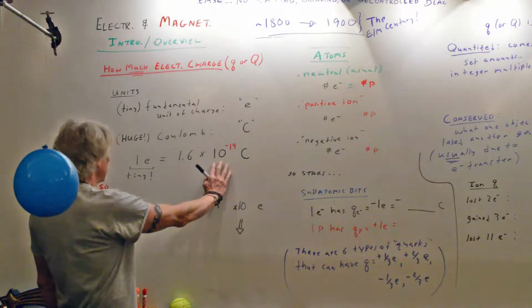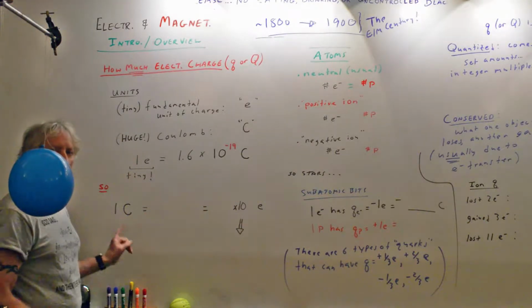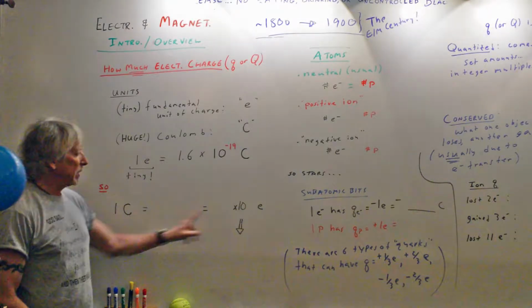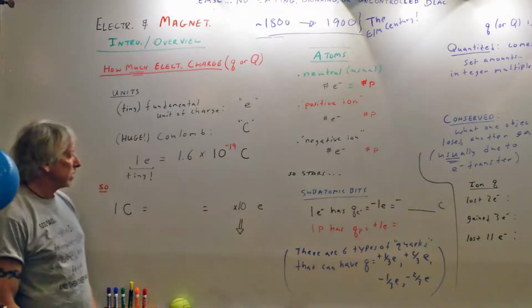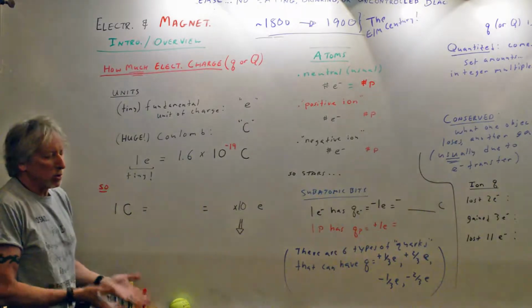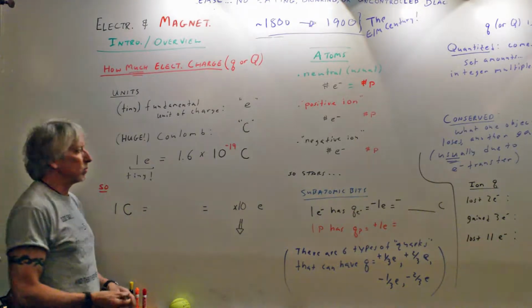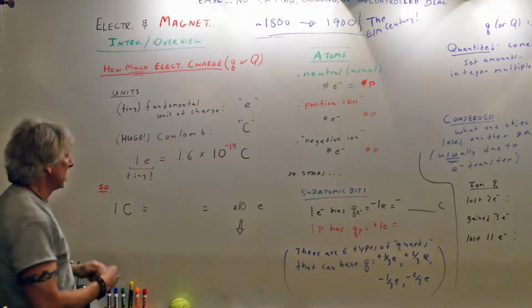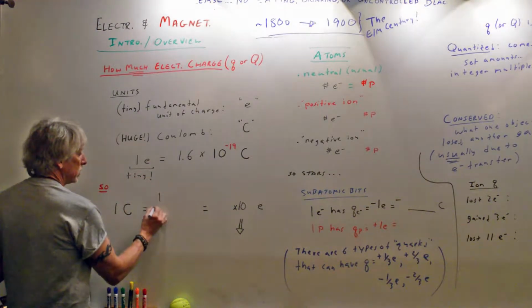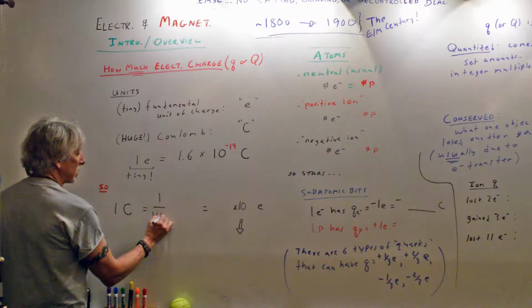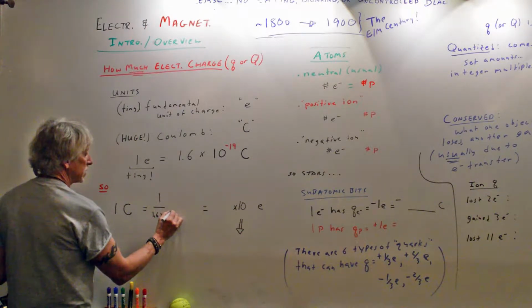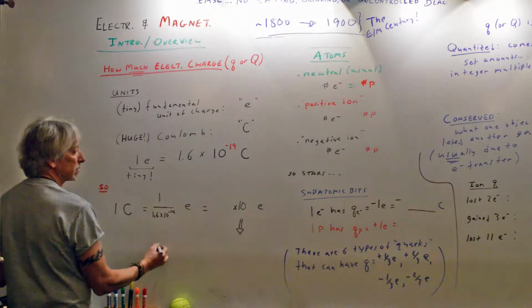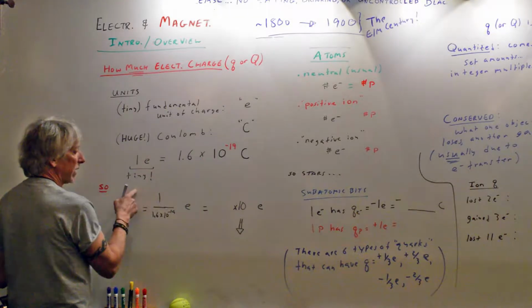It's a tiny number. So that means 1 coulomb is how many e's? Well, how do you do that? Again, make sure you're doing this on paper or else you won't develop the skill. You just solve for 1 here, so you divide by that. So that would be 1 over 1.6 times 10 to the negative 19 e's, right? 1 divided by that.